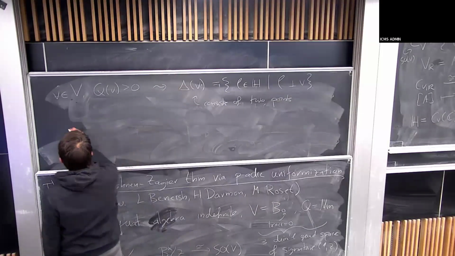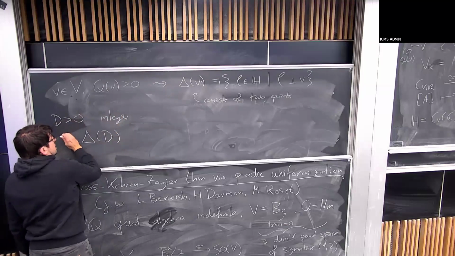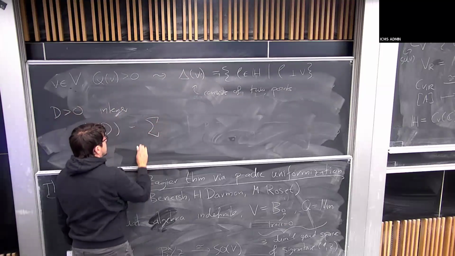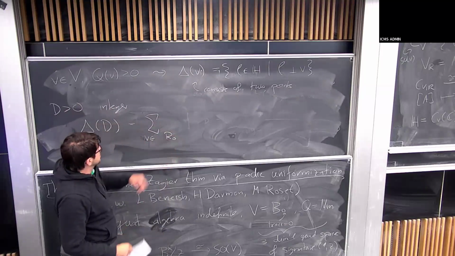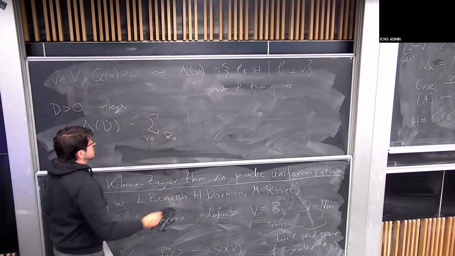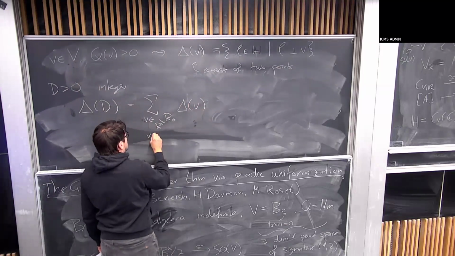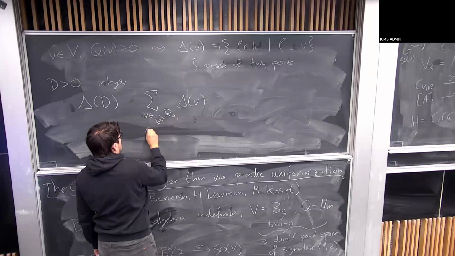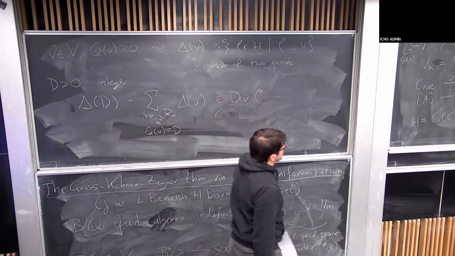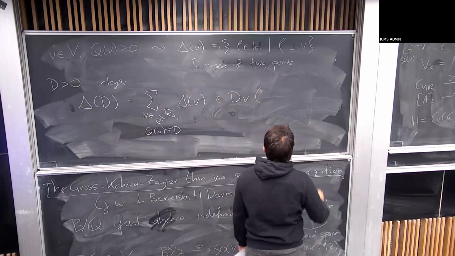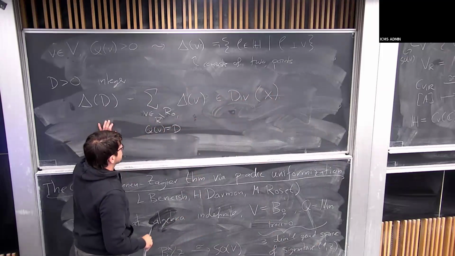Okay, great. And then for D greater than 0, some integer, we define the divisor delta_D, which is just the sum over all v in R_0, again the trace 0 elements in R. So this is a Z-lattice in my quadratic space V, up to the action of R star, of delta_v, and I want to take all the vectors of length D. So this will define a divisor on H modulo this arithmetic subgroup, so it will define a divisor on X. You can actually check that it really is defined over Q, which is not really important for this, but kind of is.